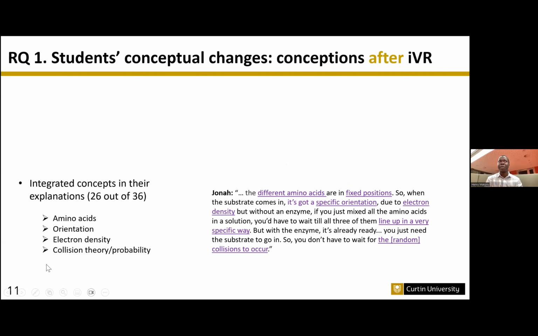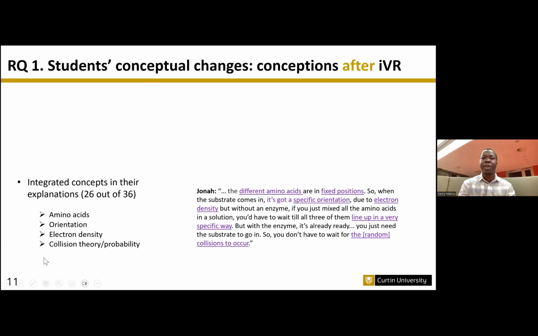They would think about a lab reaction where you need to rely on chance, random collisions, and then they would contrast that with an enzyme structure where everything is in the right orientation with electron density and everything is ready to go. Some students would refer to the enzyme as a machine or as a factory to really explain the efficiency of the enzyme.